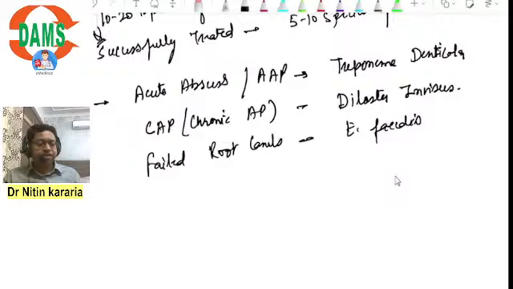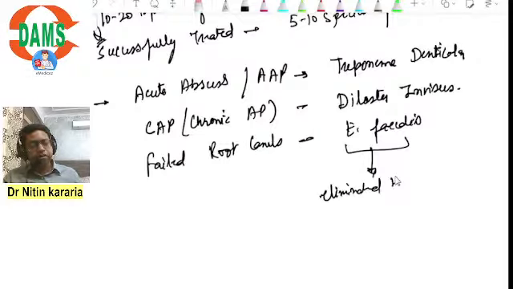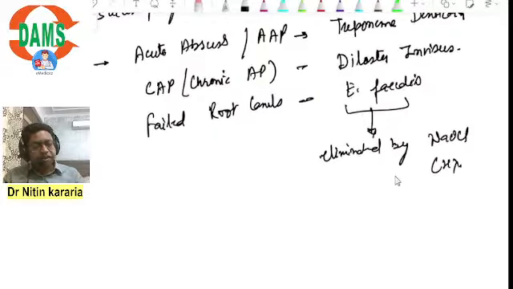is identified. Enterococcus faecalis can be eliminated by sodium hypochlorite and chlorhexidine both. Okay, it cannot be treated with calcium hydroxide. CH stands for calcium hydroxide. It is resistant to the action of calcium hydroxide.